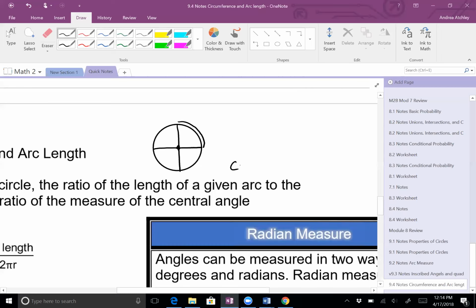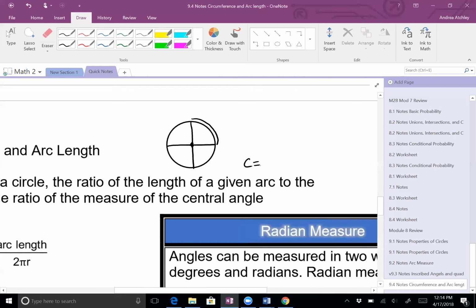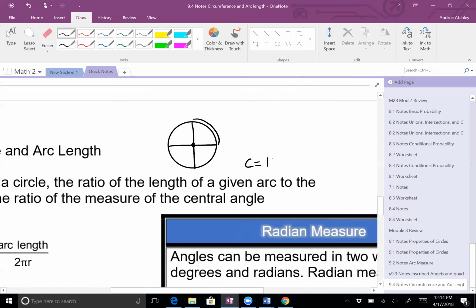If the circumference here, let's say the circumference was 16. How much of the circle am I actually going to fence in? 1/4 of it. So the length of this would be 1/4 of 16. So it'd just be 4. So that's all we're really doing, is finding what part of the circle am I using.